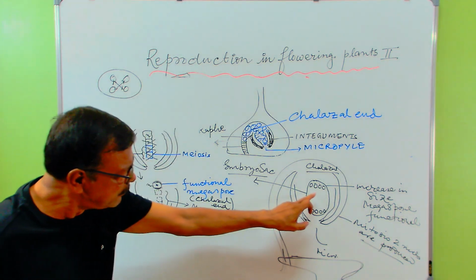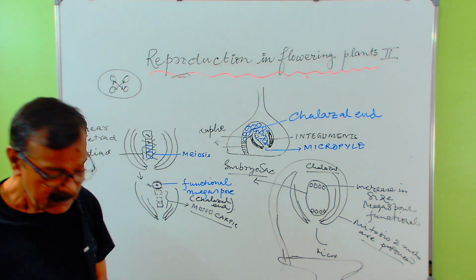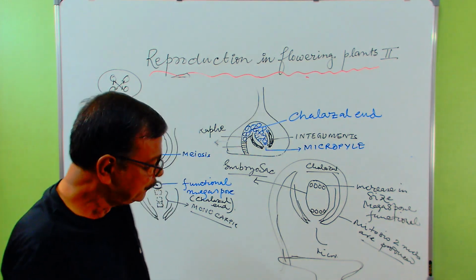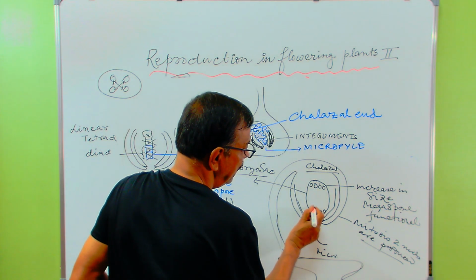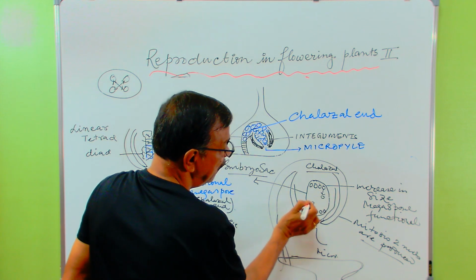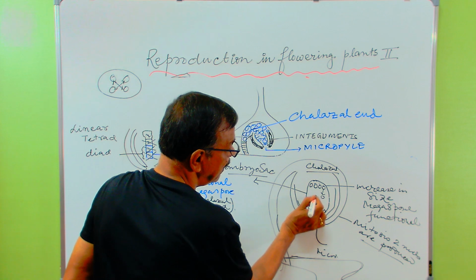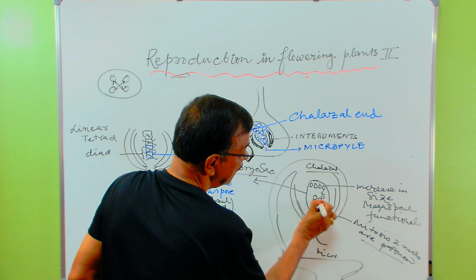Now out of these four, they will sacrifice one. One will move towards here. Another will move here. One will go here and another will come here.